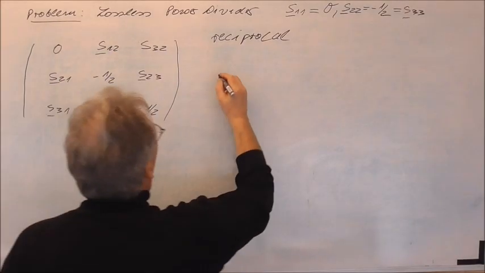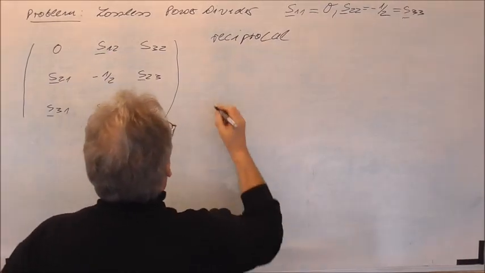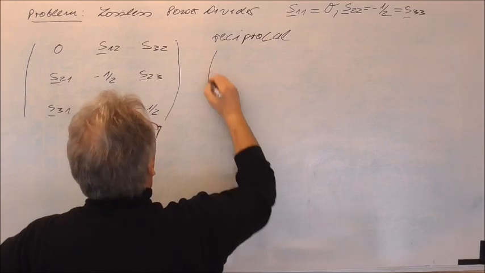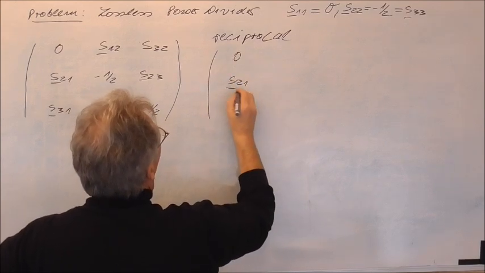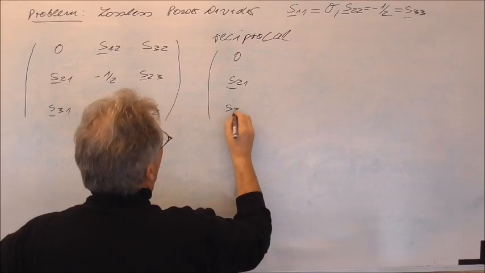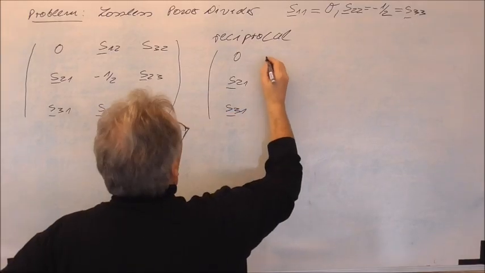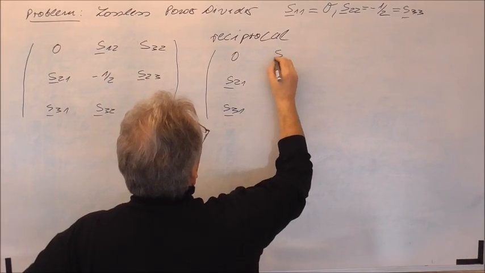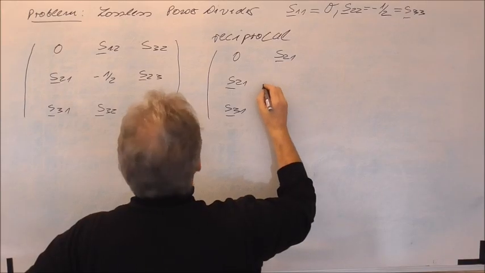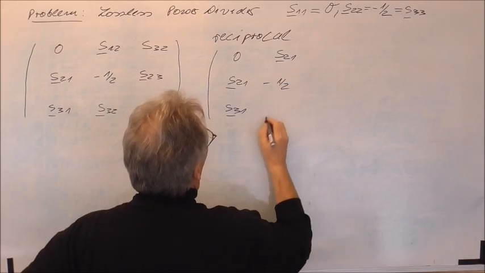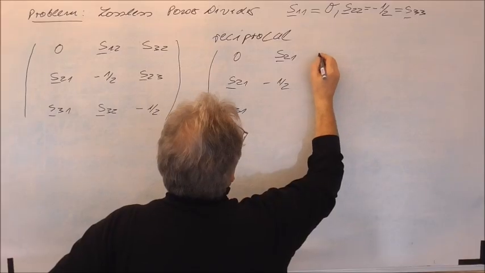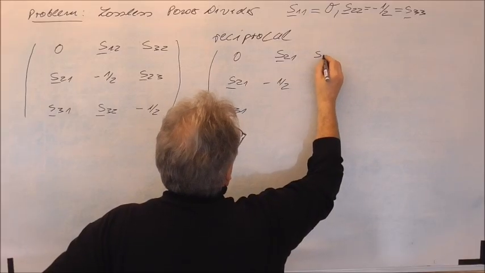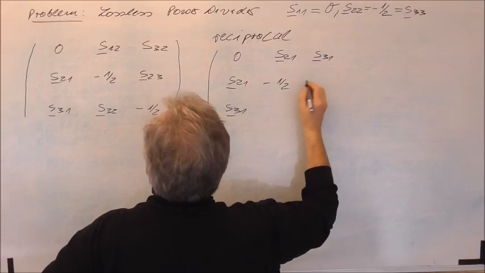So we can say we have here 0, S21, S31, and here in principle also S21, minus 1/2, and we have here S31 also.